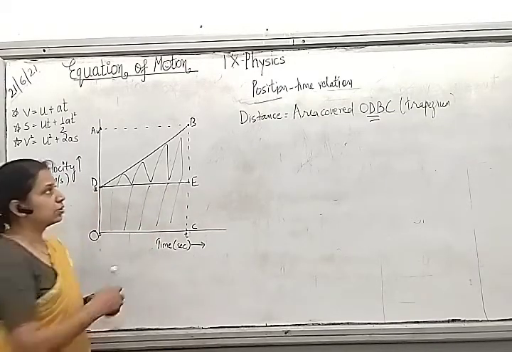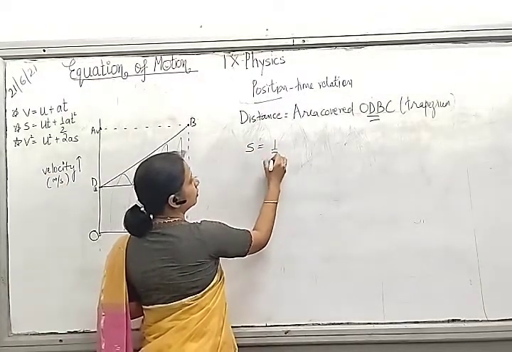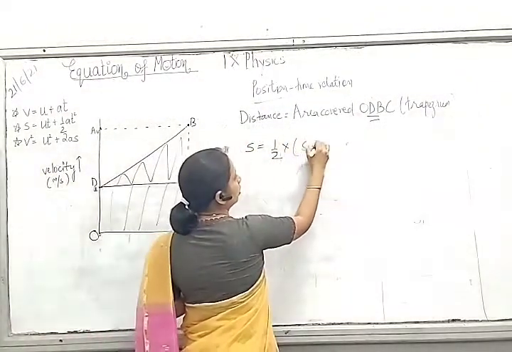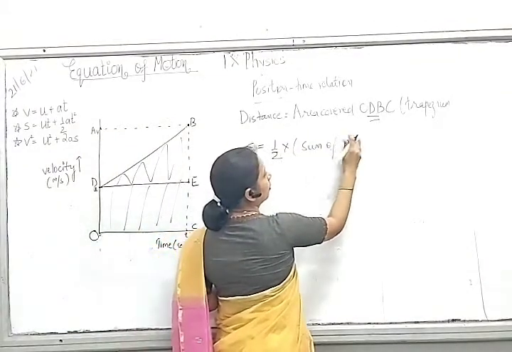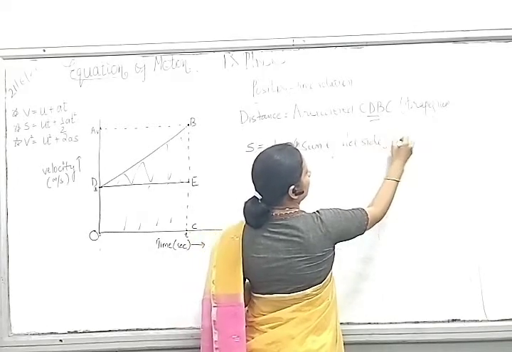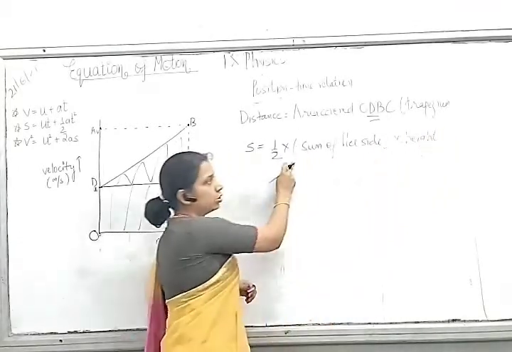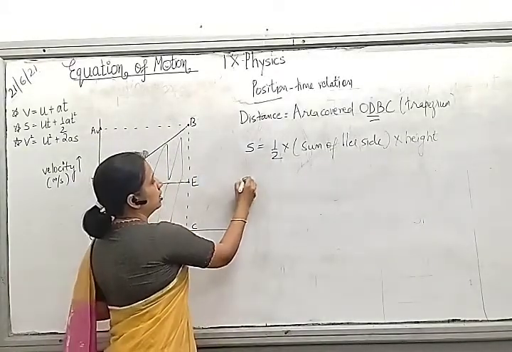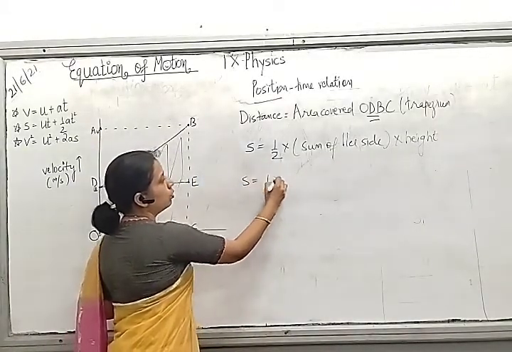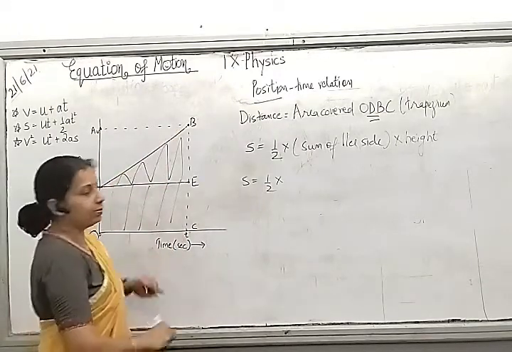So first, S equal to half into the sum of parallel sides into height. Hope you know this. So half into, what are the parallel sides? OD and CB.